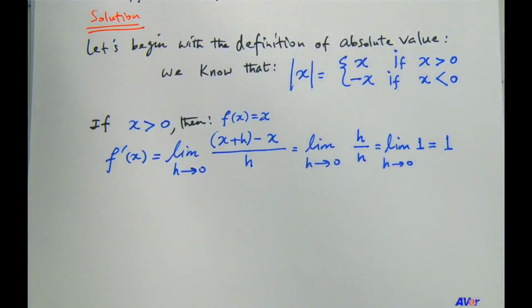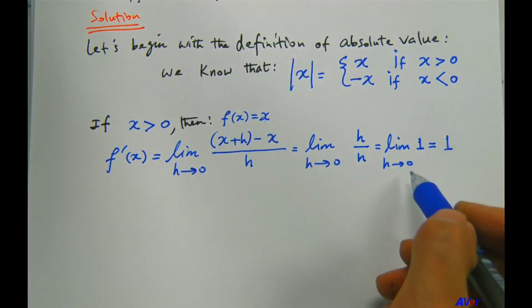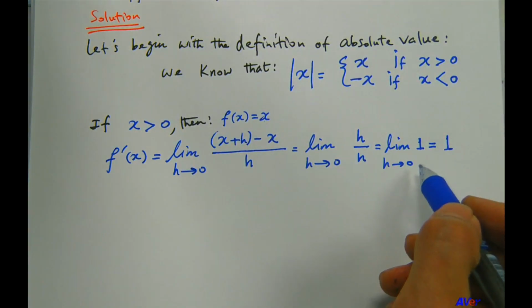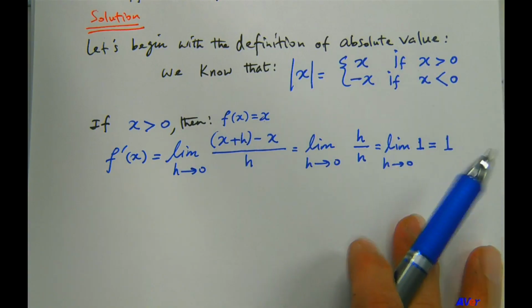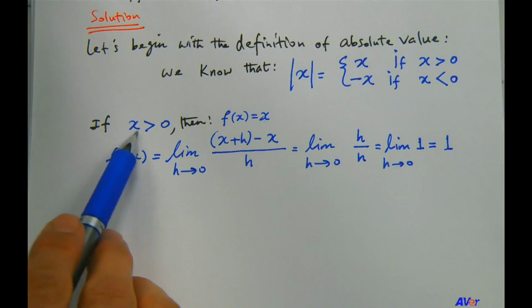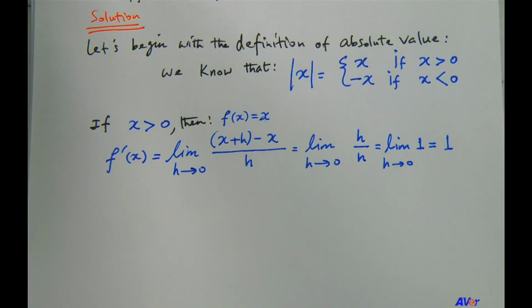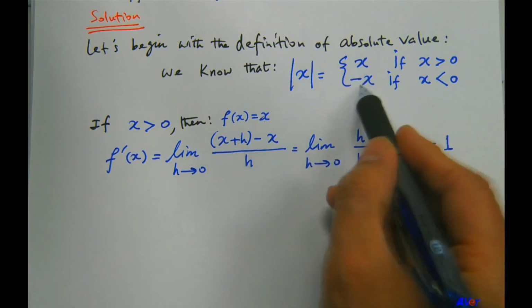So in this case, that constant value is 1. So we have that. So let's find the derivative of the absolute value function when x is some negative value, right? So that's the other side. That's this portion of the function.